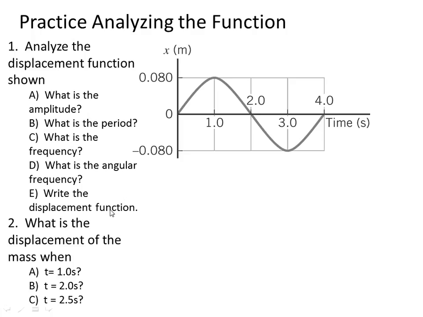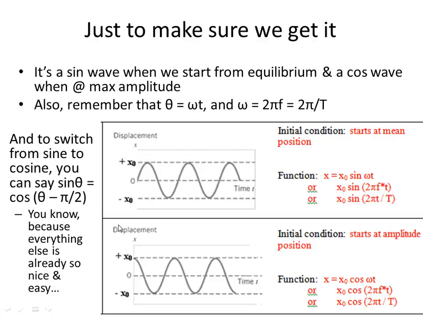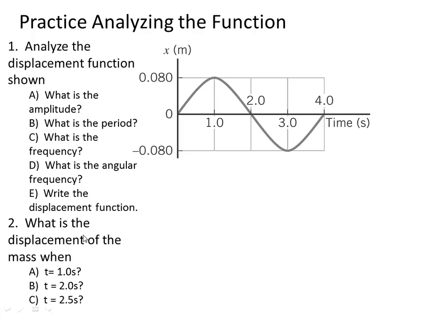How should you write it? Should you write it with 2 pi f t? You decide, because then you're going to have to calculate the displacements for these times. Okay, try it out. First of all, what is the amplitude?